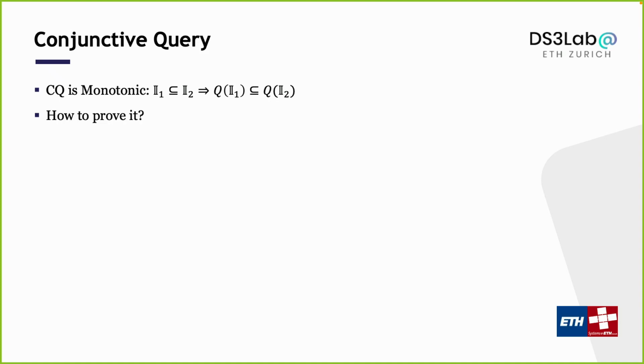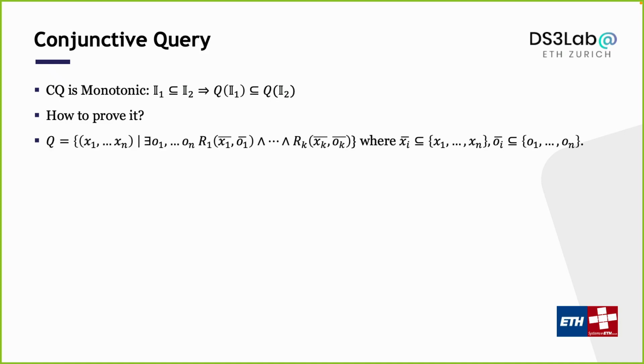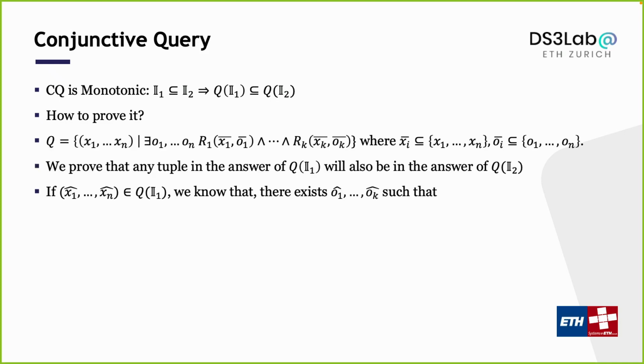How to prove it? Well, it's kind of easy to prove, right? Assume you have a conjunctive query that looks like this. What we are going to show is, what do I mean by some tuple is in the result? It means that you are able to find all those variables in the quantifier that make that formula true, right?